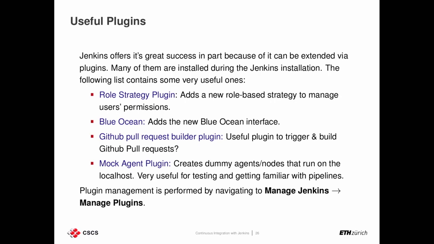Here is the GitHub pull request builder plugin. Here in CSCS we use it extensively because it allows us to trigger Jenkins jobs based on GitHub pull requests. And also we can change the behavior of what build is triggered based on the actual pull request title.